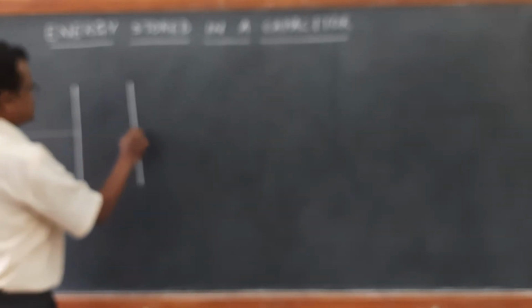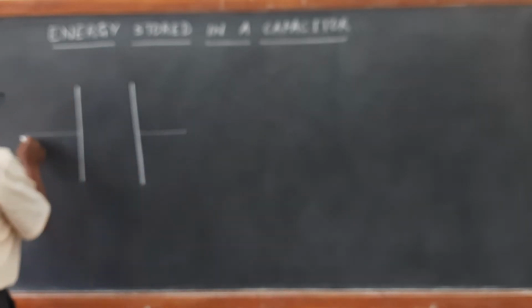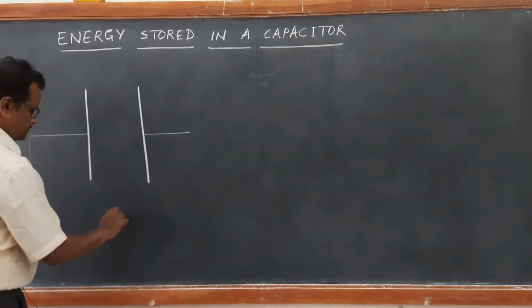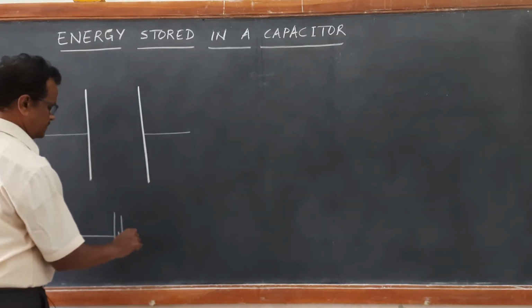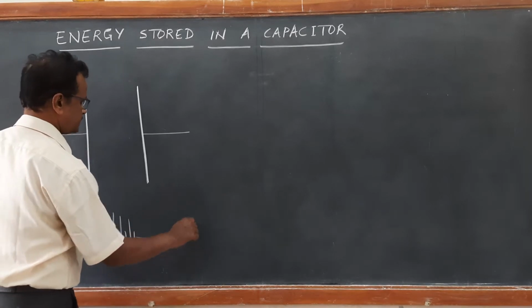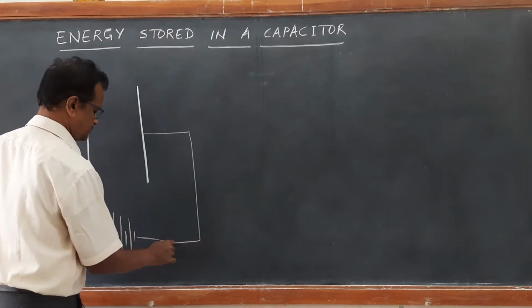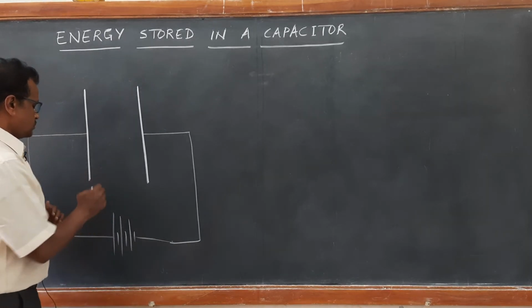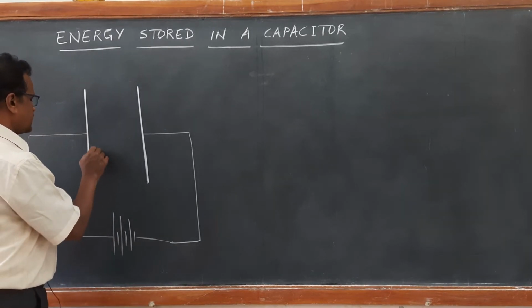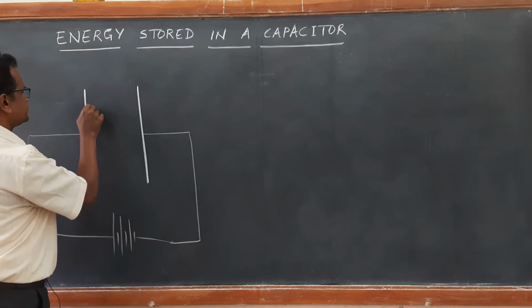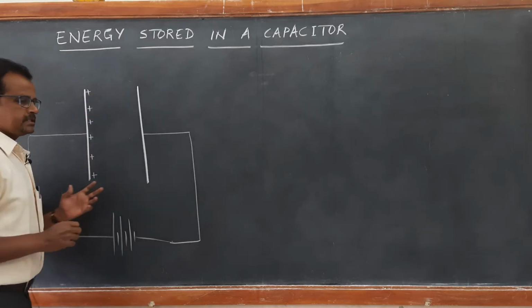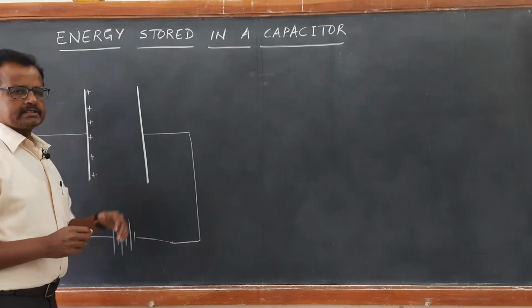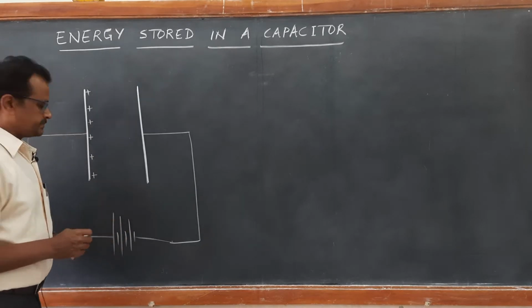When these plates are connected to a supply, a battery, the charging takes place. Slowly the charge starts building up. The charging does not take place instantaneously, it takes a certain time.